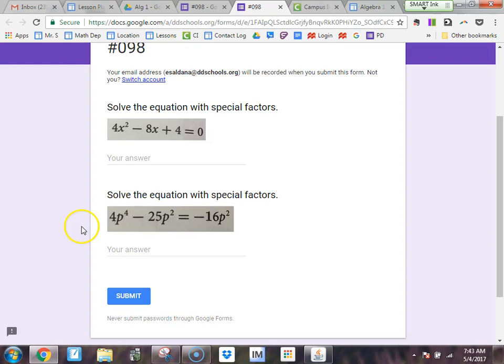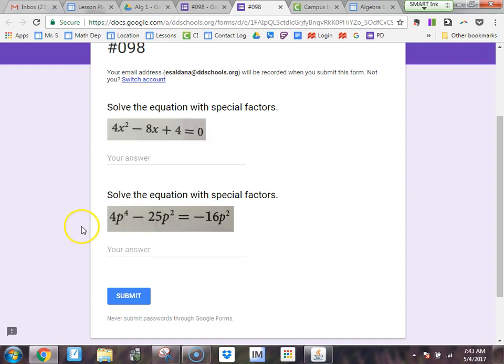Okay, the next thing that we're going to do is we're going to factor. Now, how we factor is different from problem to problem, but almost always you want to check to see if there is a greatest common factor. Is there something that I could factor out of each one of these? I could divide by more than 2. I can divide by 4.